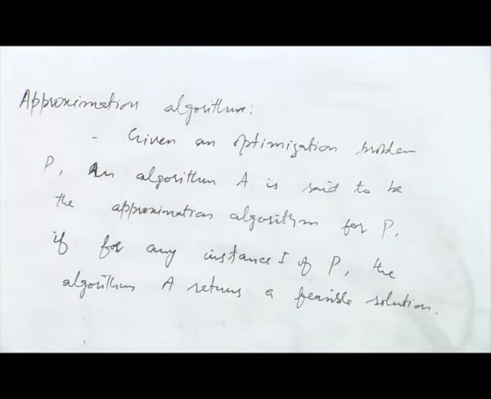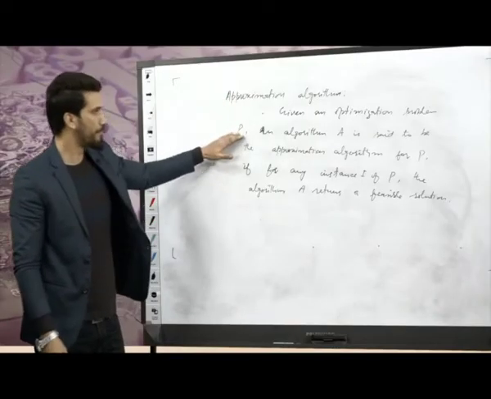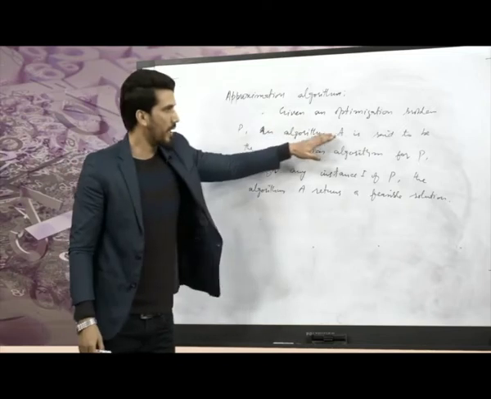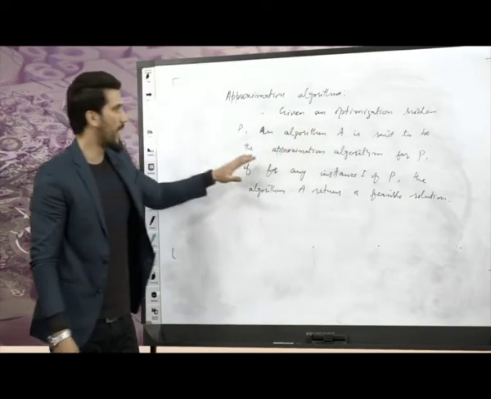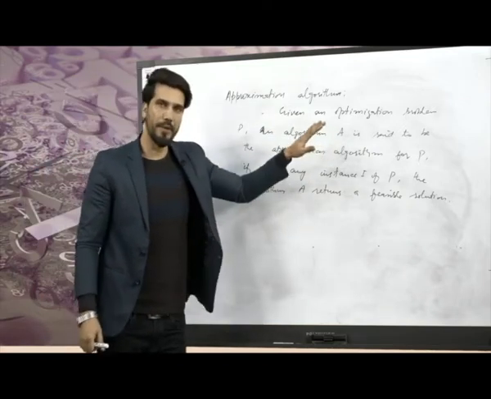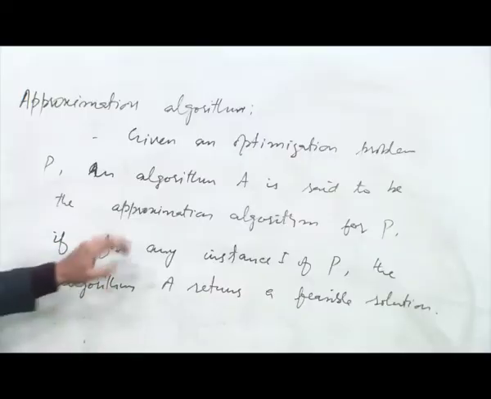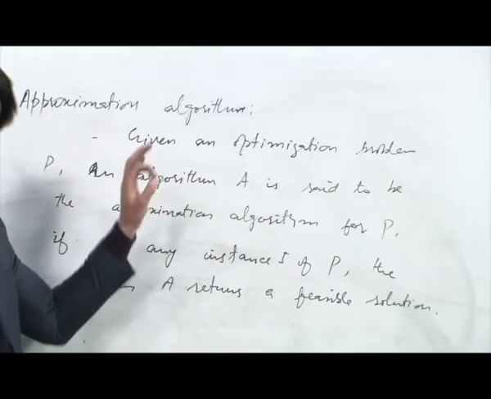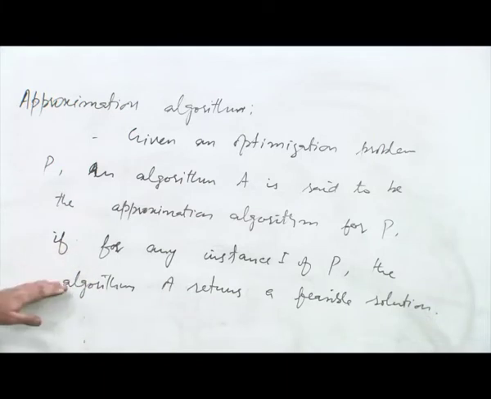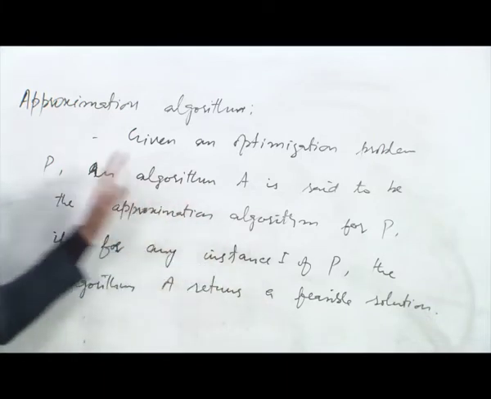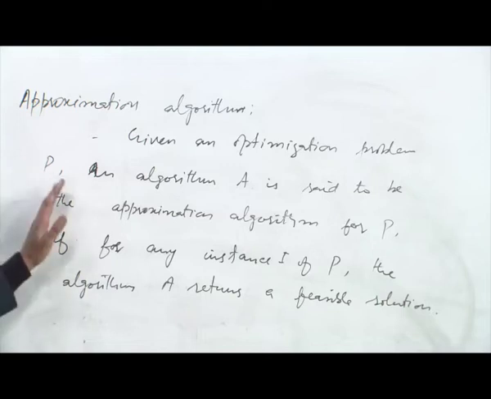This is the definition of approximation algorithm. We have a problem P. The algorithm A will be known as the approximation algorithm for problem P if for any problem instance I of P, A returns a feasible solution for this instance.